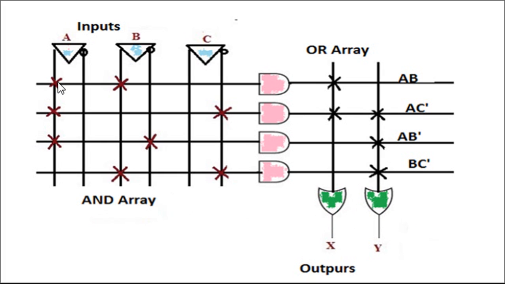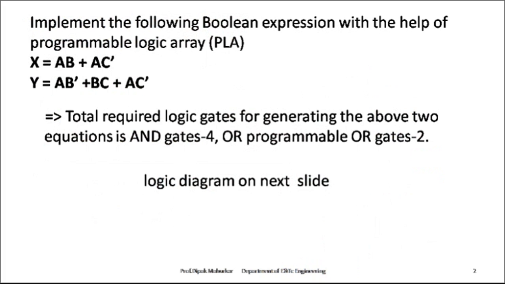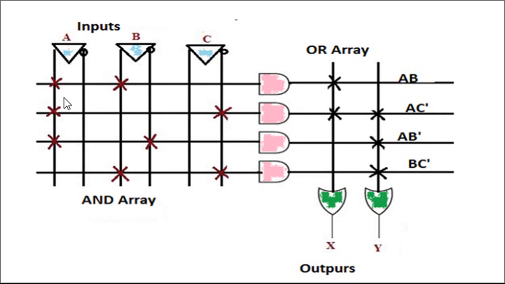One important thing we are discussing about the PLA: the crosses we mark are nothing but fuses in PLA. Here is a fuse, here is also a fuse, meaning AND and OR arrays both are programmable in PLA.